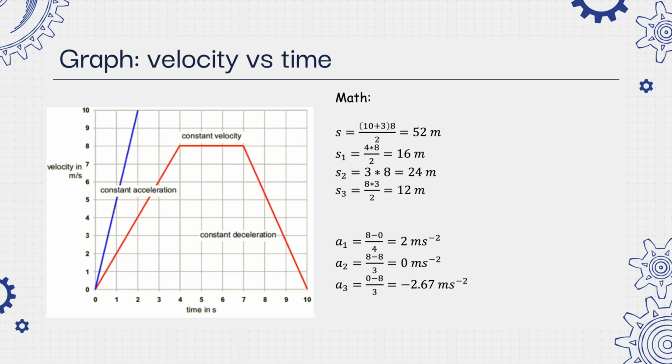The area is the sum of the bases times height divided by 2. So I have 10, the time, the greater base, plus 3, the smallest base, times the height 8, divided by 2, so 52 meters. It's actually 16 plus 24 plus 12.